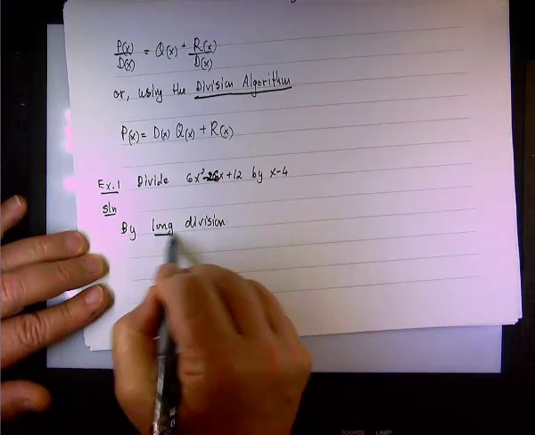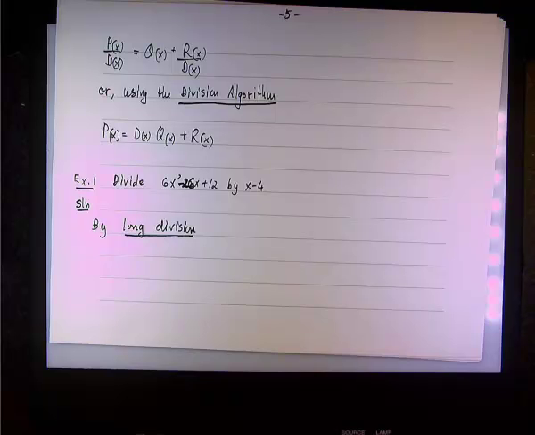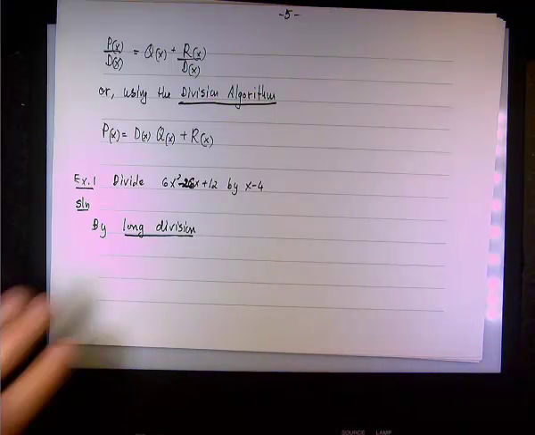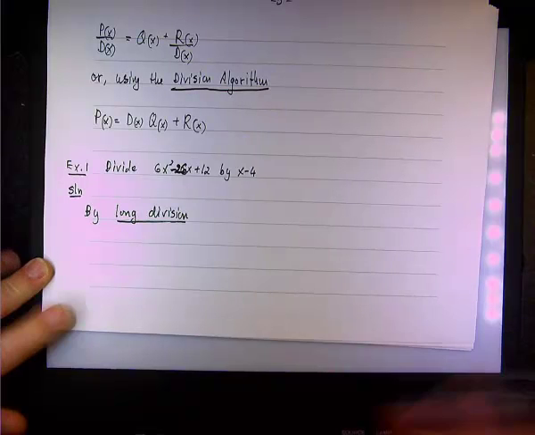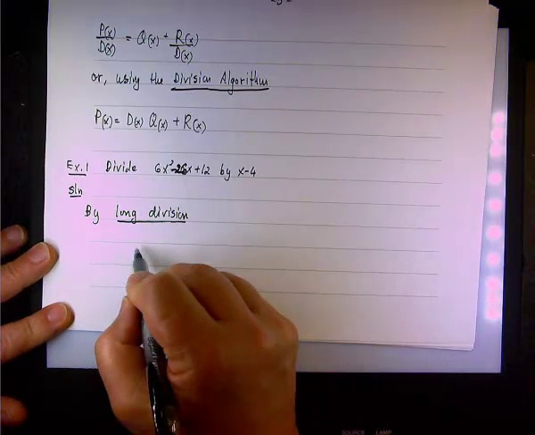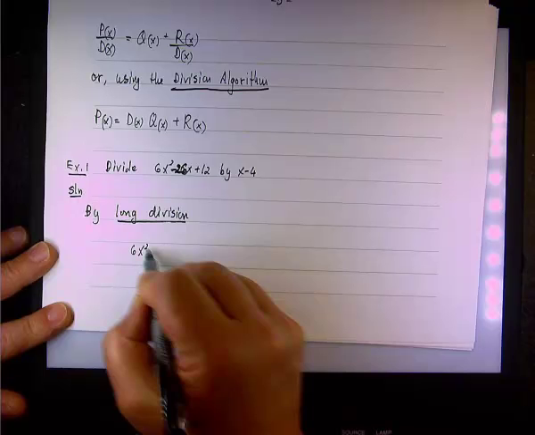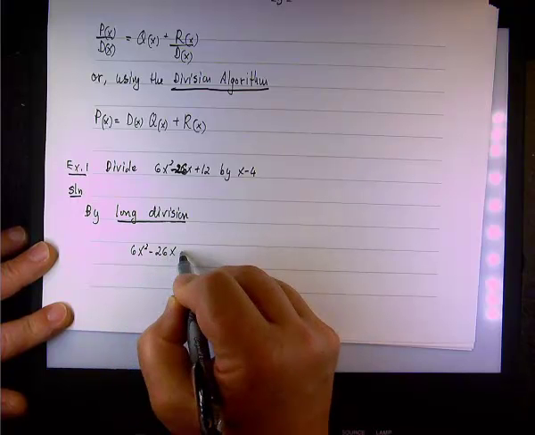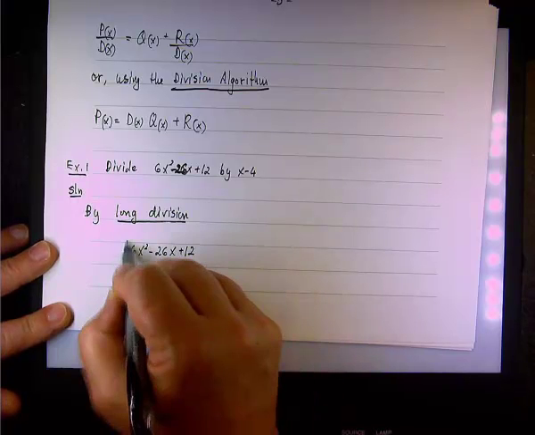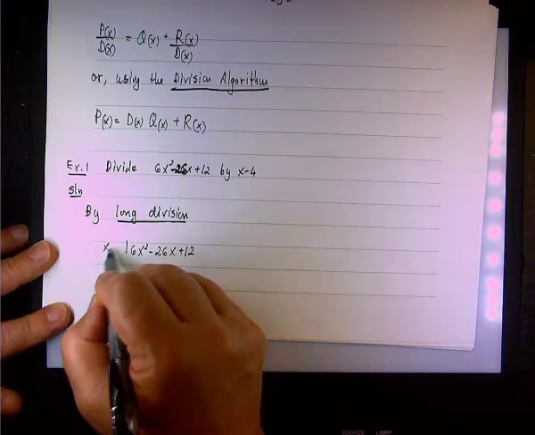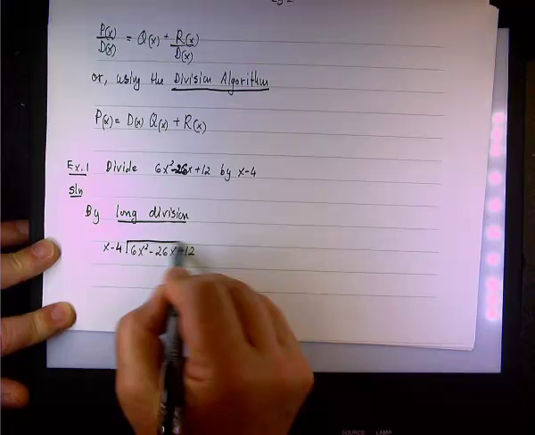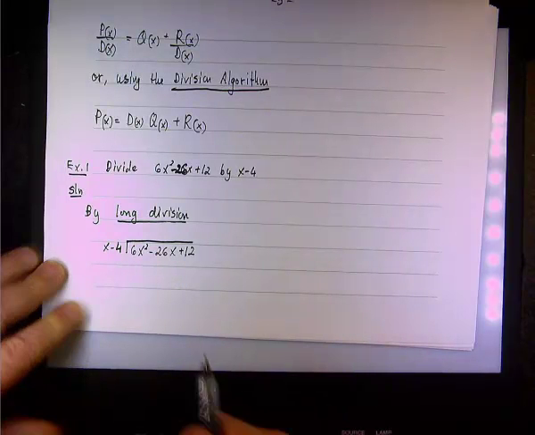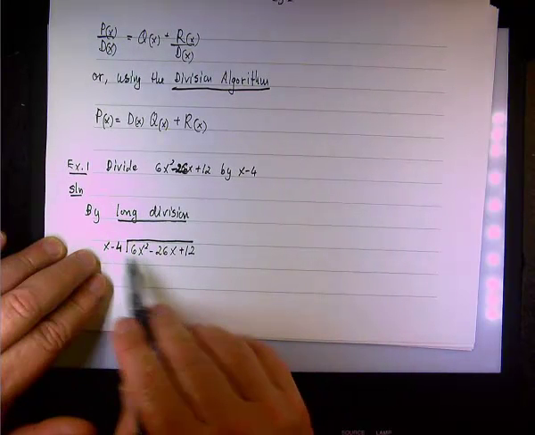So what we'll do first is perform long division. I want to show you long division as well as synthetic division. So what is long division? Long division is basically what we do when we divide numbers, except now we work with polynomials. We'll write the dividend first, 6x squared minus 26x plus 12, and we want to divide it by x minus 4.